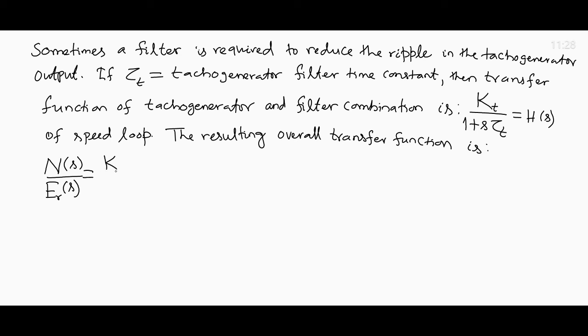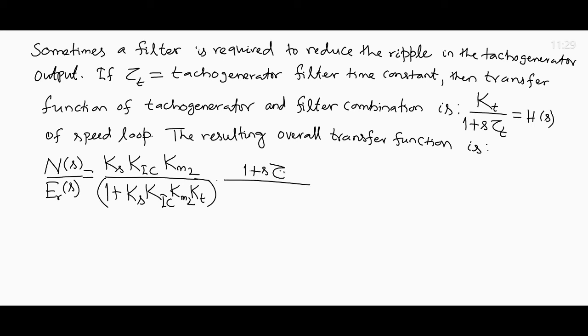Ks is the speed controller gain, KIC is the current loop gain, and Km2, whole divided by 1 plus Ks, KIC, Km2 into Kt, whole into 1 plus S tau t divided by 1 plus S times tau m plus tau t divided by K superscript 1, plus S square into tau m tau t divided by K superscript 1.